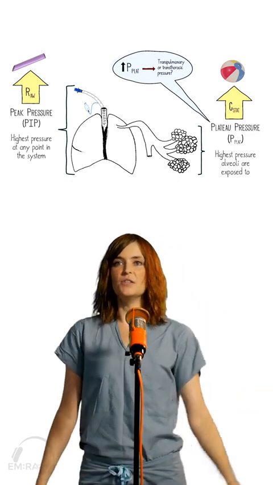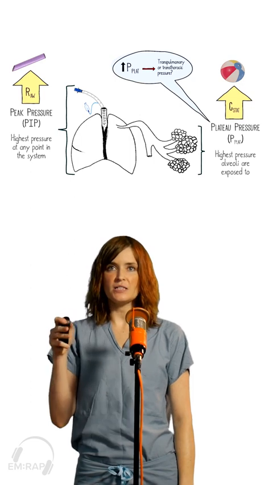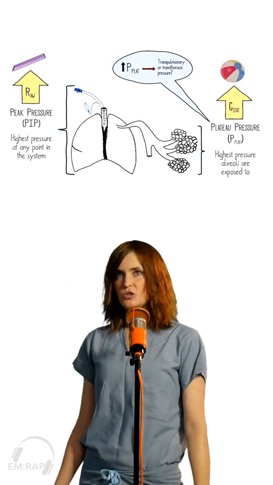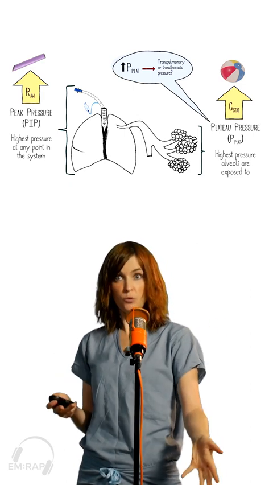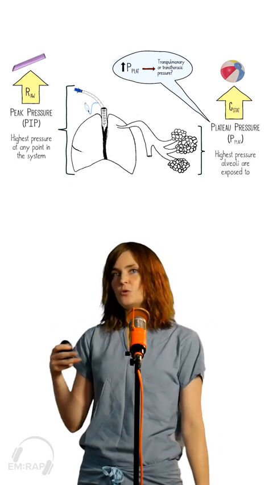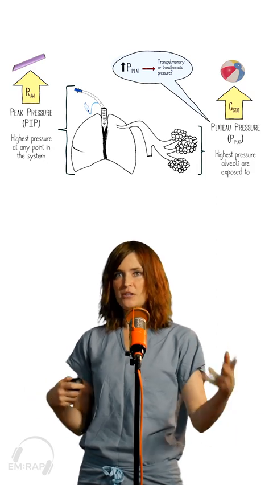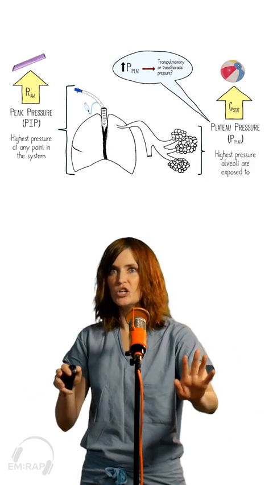Really the only way to tell the difference between those two things, between a plateau that's elevated due to transpulmonary versus transthoracic pressure, is to do an esophageal balloon, because that allows you to take the transthoracic pressure out of the equation. We're mostly not going to do that.